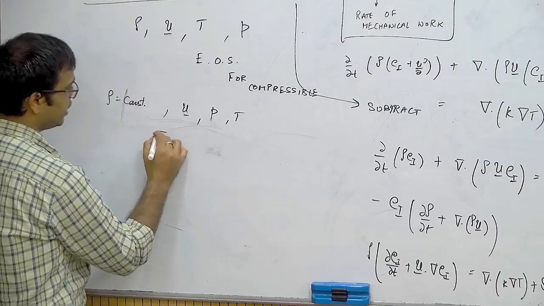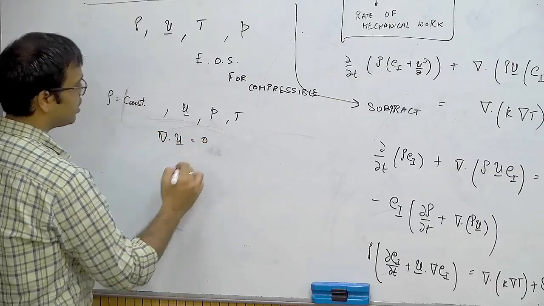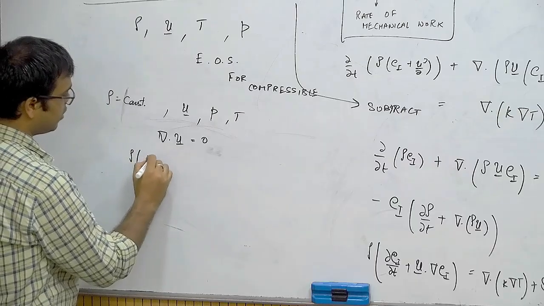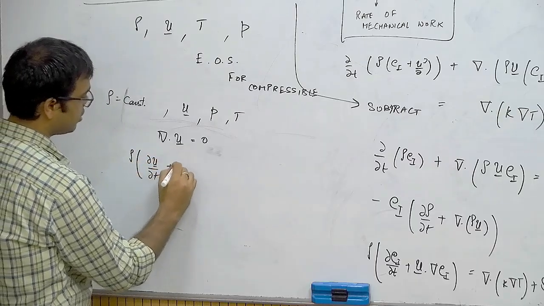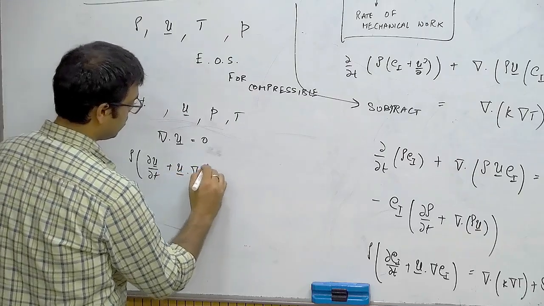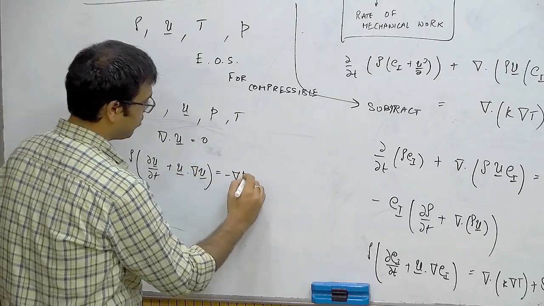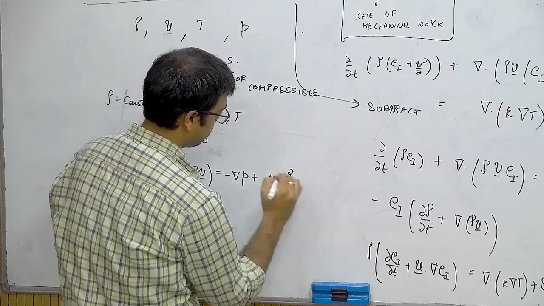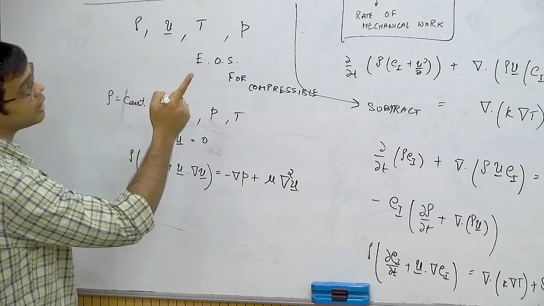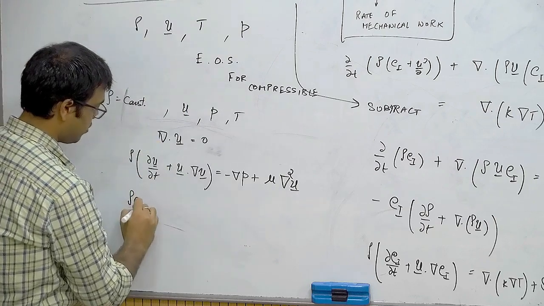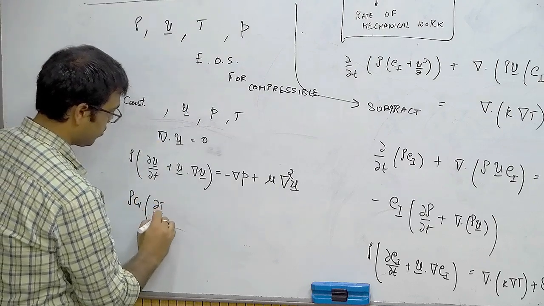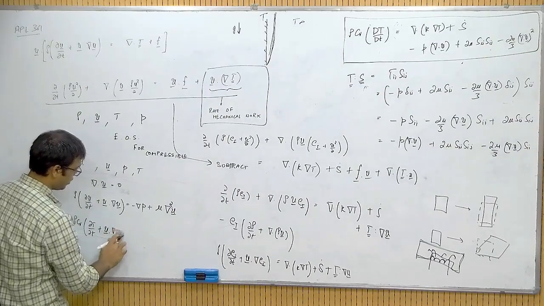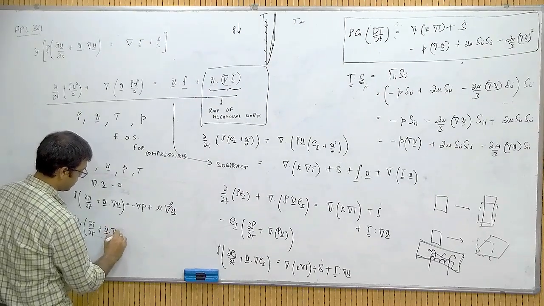We have del dot u equals 0, which is the continuity equation or density equation, whatever you want to call it. We have the momentum equation, and we have the temperature equation. For incompressible flows, this is going to be simple.